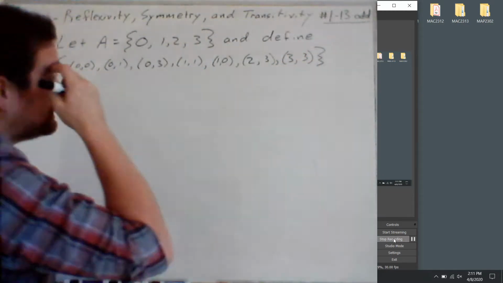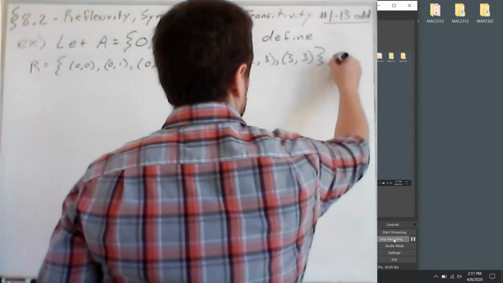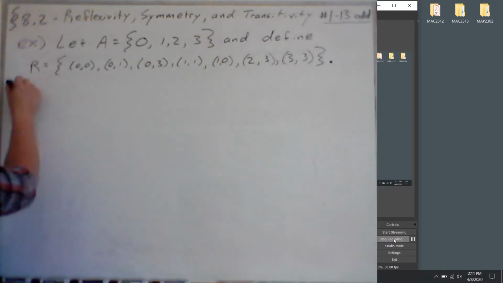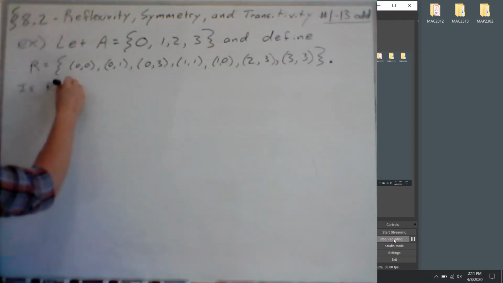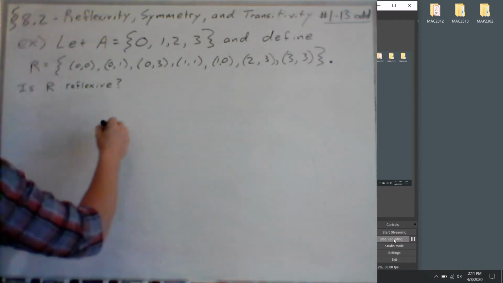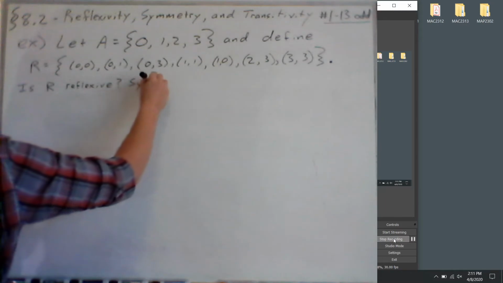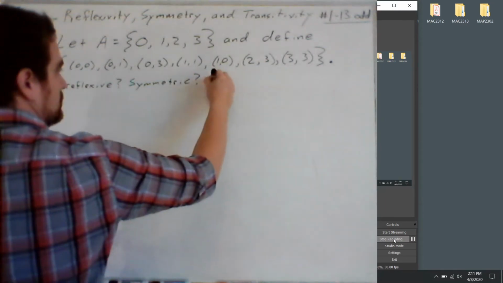These are all the elements that are in the relation R by definition. And now we want to ask the question, is this relation R reflexive? Is it symmetric? Is it transitive?